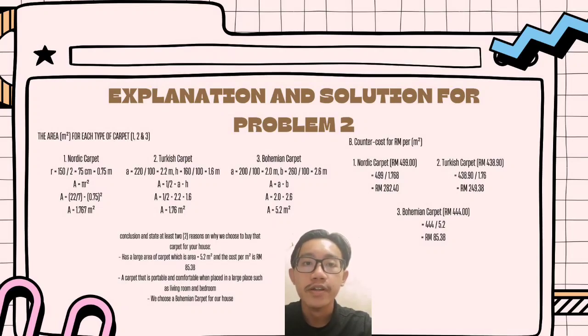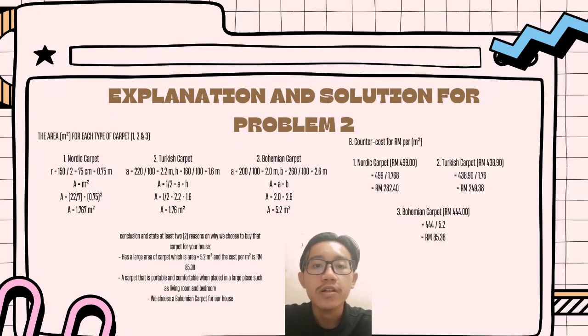To find the area of the carpet, we use the formula A equals pi r squared, and substitute the value of pi and the value of the radius, and the area for the Nordic carpet is 1.767. The second carpet is the Turkish carpet.